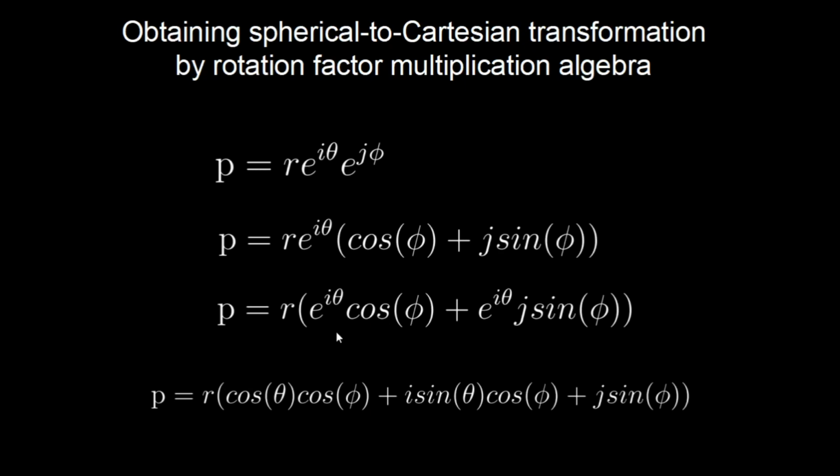In this equation, from the previous discussion, we note that the I associated rotation factor multiplied by J equals J. This term becomes this. With Euler's formula for this rotation factor e to the power I theta, this term becomes these two terms. This is the transformation formula, which is the same as the one we previously obtained by geometry.